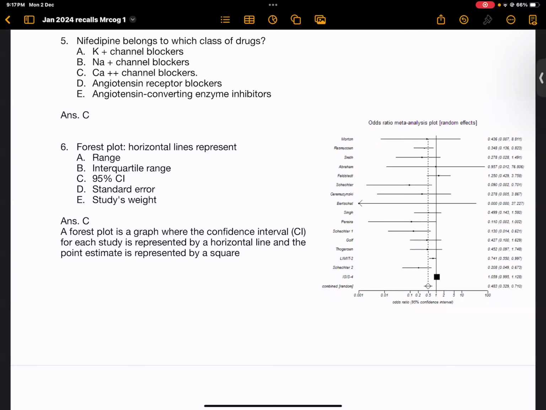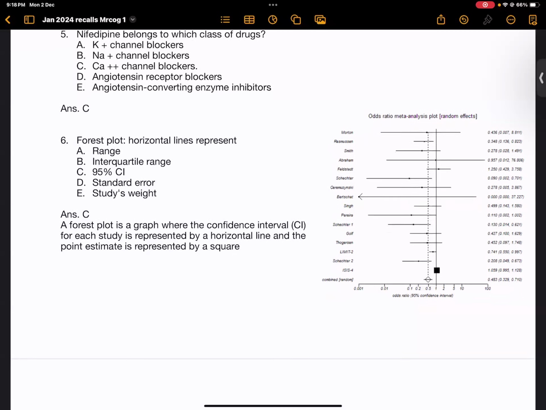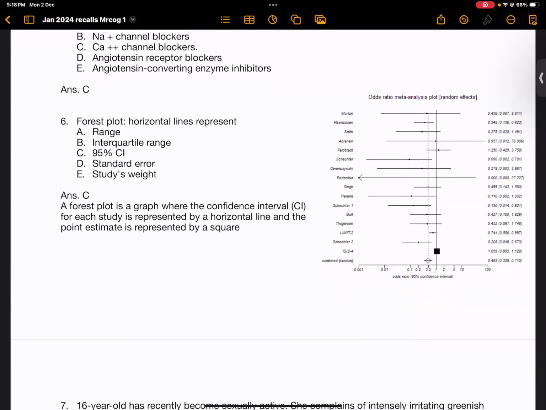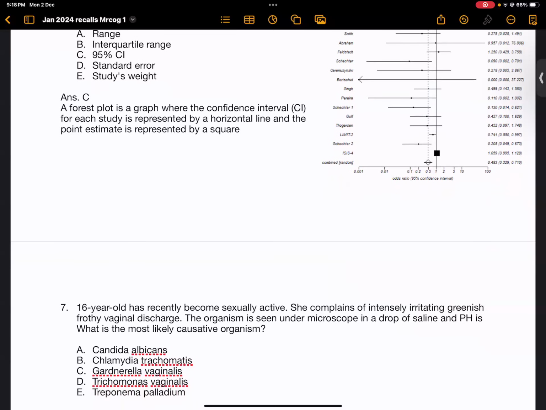The confidence interval for each study is represented by a horizontal line and the point estimate is represented by a square. You don't need to go into great detail; just remember what the horizontal line and the square mean.